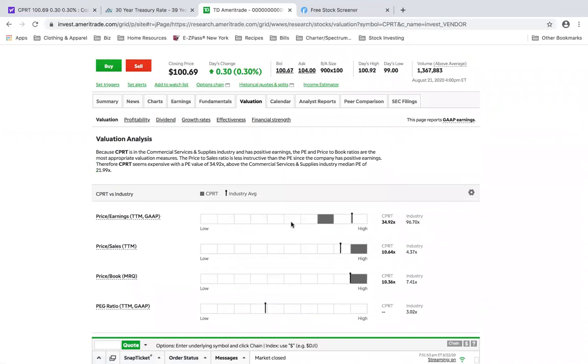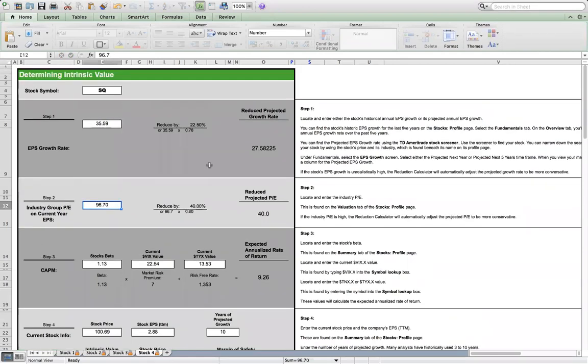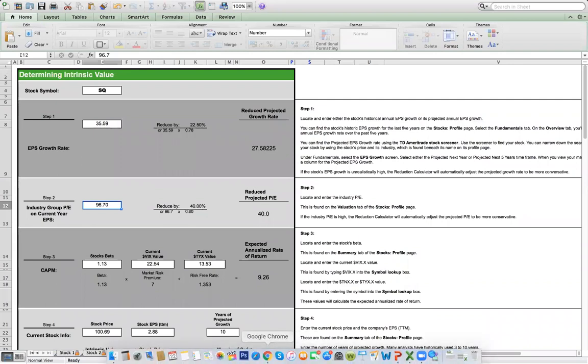Will this work for REITs? Yeah. Industry 96.70. Wow. EPS growth rate.